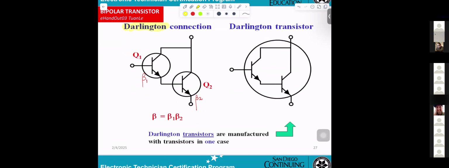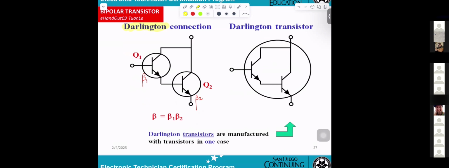When you're looking into the transistor, NPN or PNP, you should know how the current flows. NPN and PNP transistors can work in saturation or cutoff.